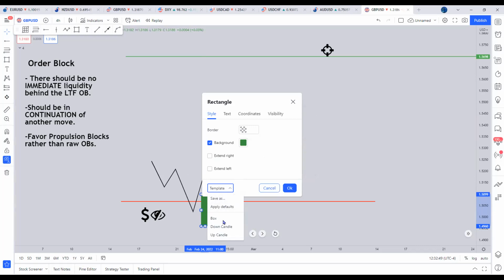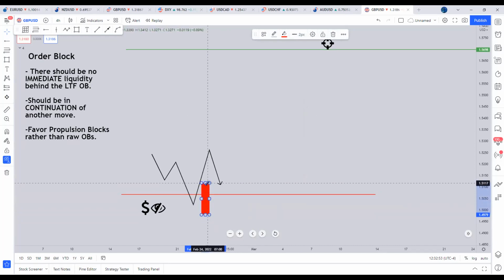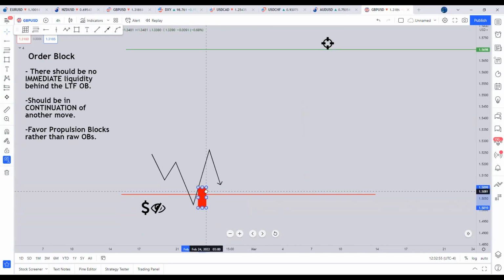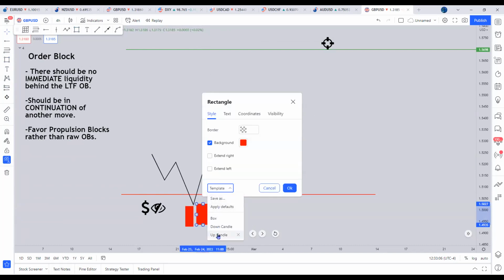So what we're gonna do is, let's say we have a down candle. It's gonna look like a down candle. This is what it's supposed to look like. A down candle, and then immediately after, there should be an up candle.